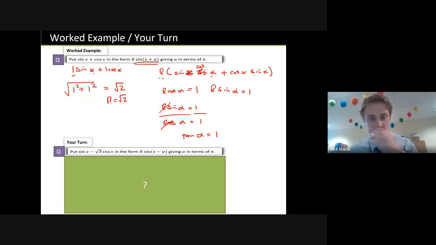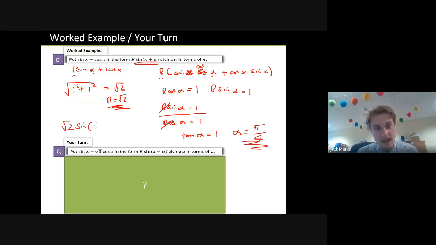And I use my calculator, and that will tell me alpha, giving it in terms of pi. So what's that going to be? It's going to be 45, so it's going to be pi over 4. Put these values back in, and you get root 2 sine of x plus pi over 4. And that's what we're looking to do.